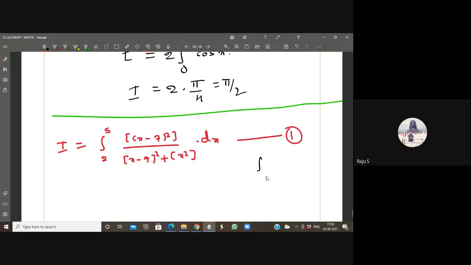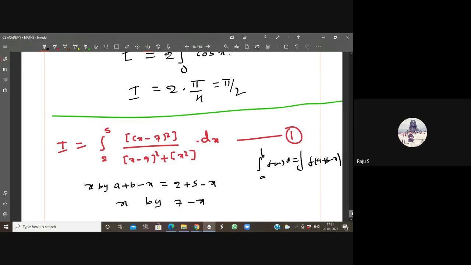I want to apply the property: integral a to b f of x dx is equal to integral f of a plus b minus x. So what is a plus b minus x value? Nothing but replace x by a plus b minus x, nothing but 2 plus 5 minus x. So replace x by 7 minus x.